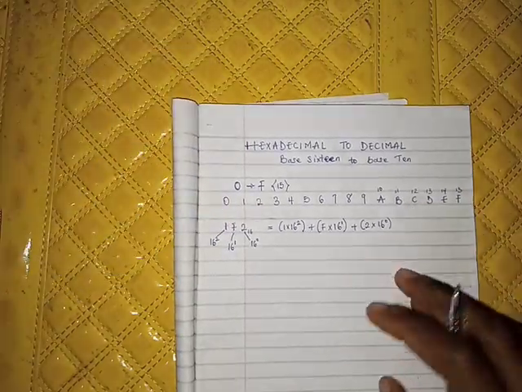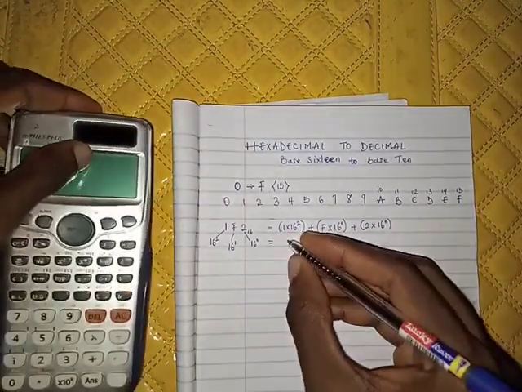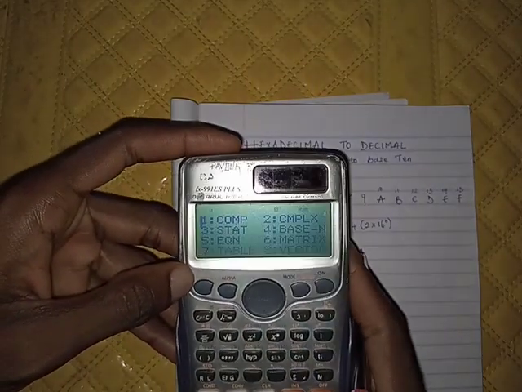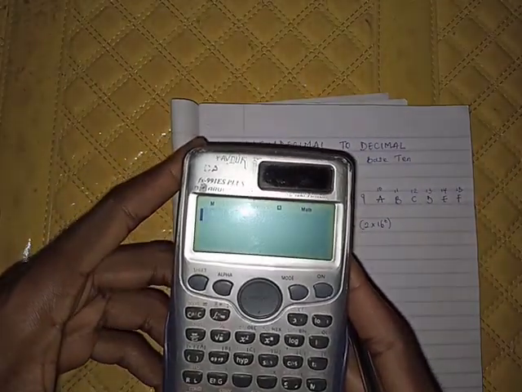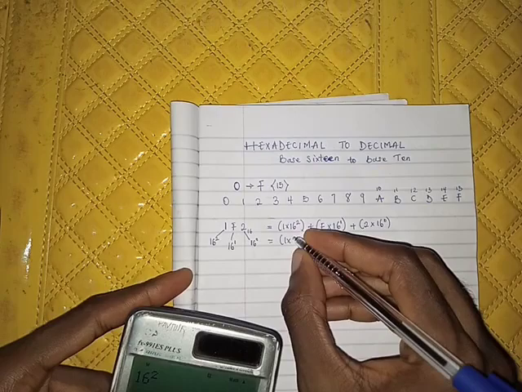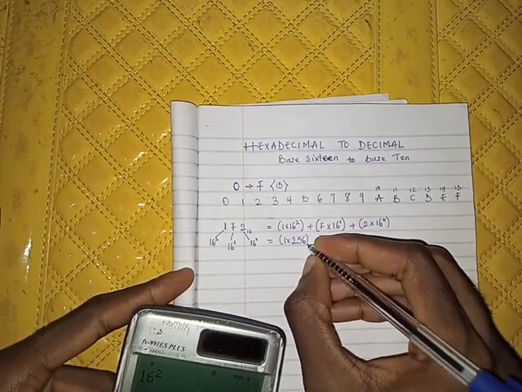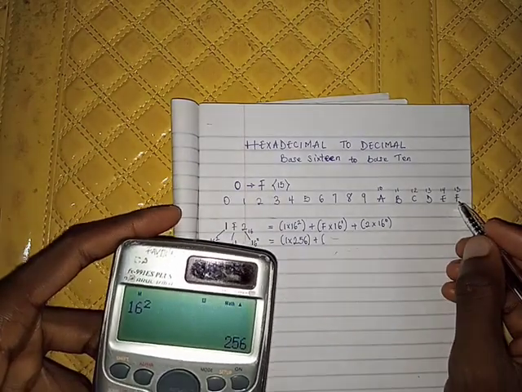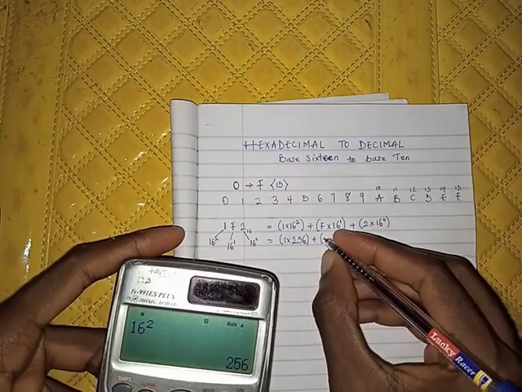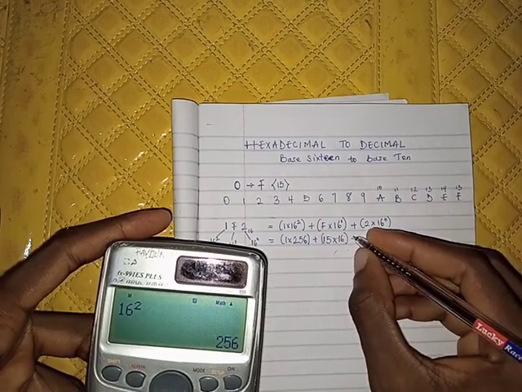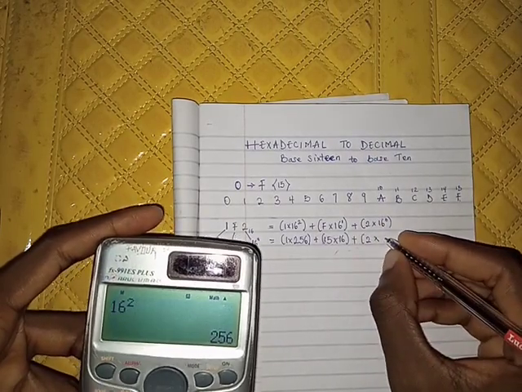Okay, so now 16 raised to power 2 is 256, plus F. Don't forget, F is 15. So 15 times 16 raised to power 1, plus 2 times 1.